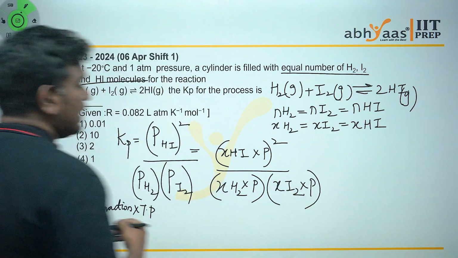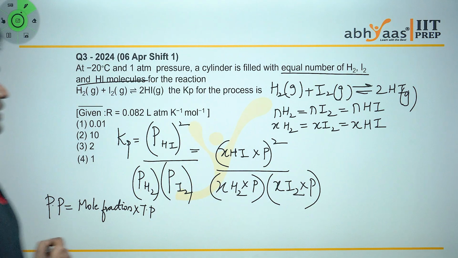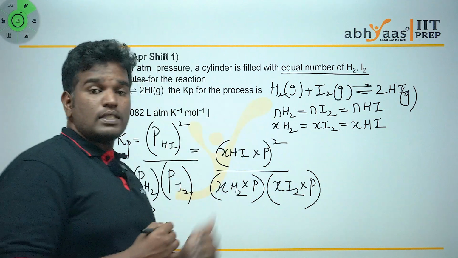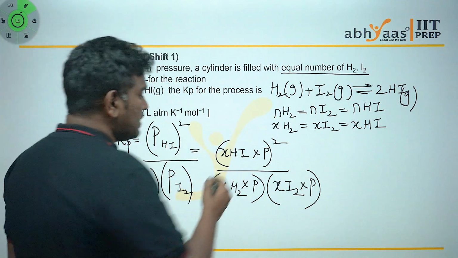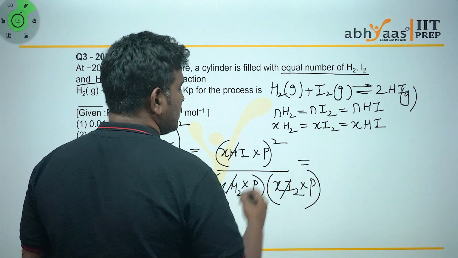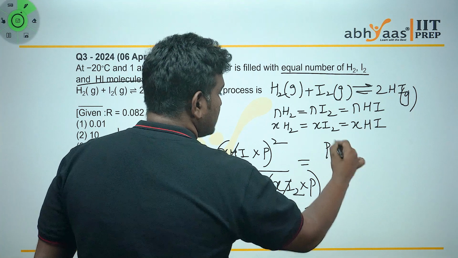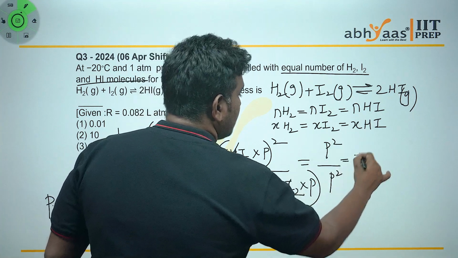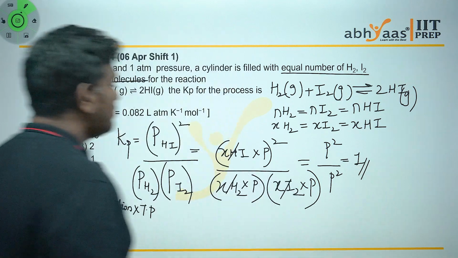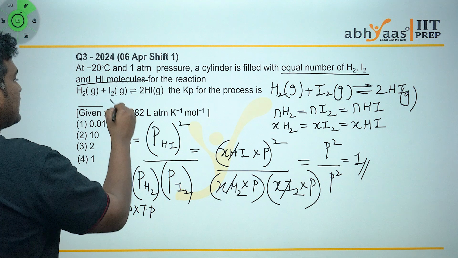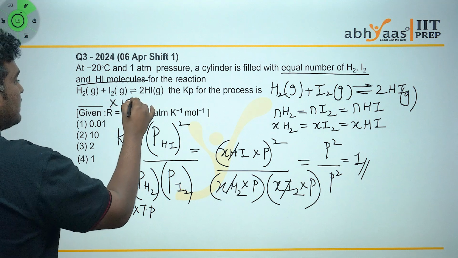Now you know that X of HI is equal to X of H2 is equal to X of I2. So basically all this will become 1, because it is the same. At the numerator you have P square and in the denominator P into P, you have P square. So it will become 1. In this question we have to write Kp in terms of 10 raised to minus 1.